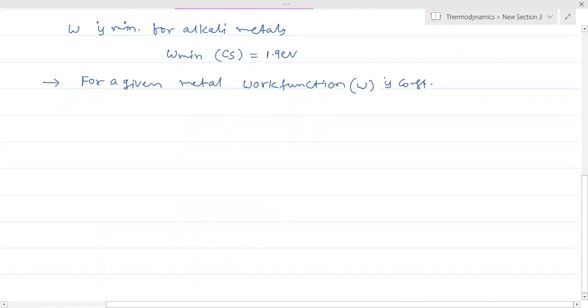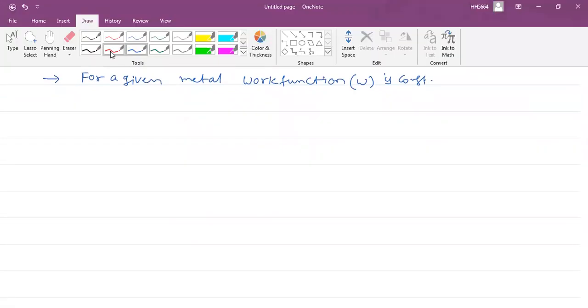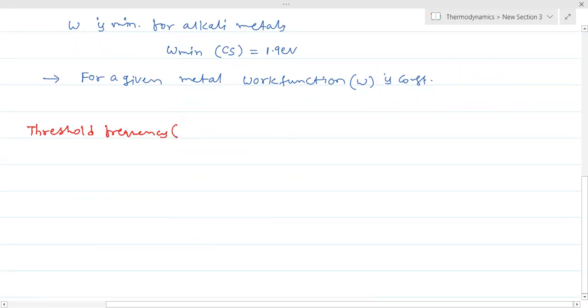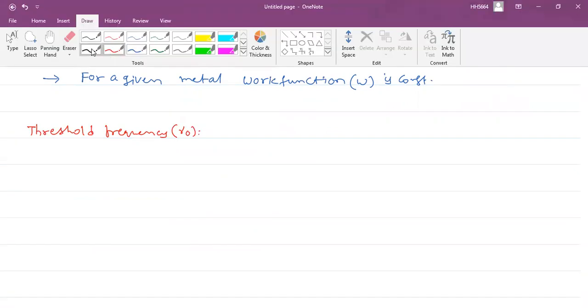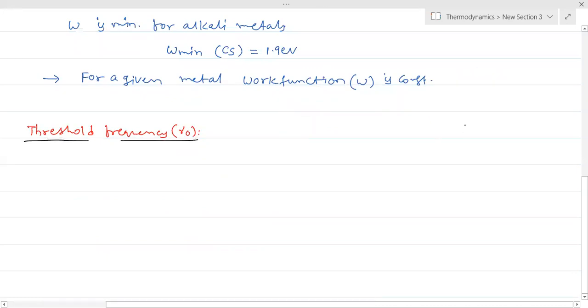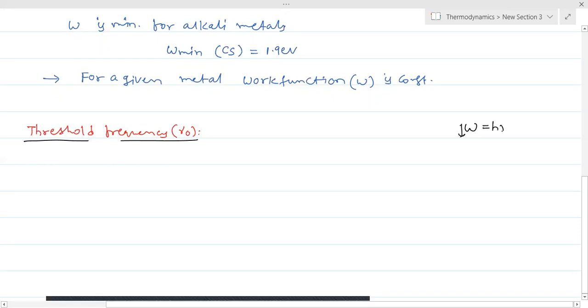After work function, we think of threshold frequency, nu naught. According to the formula, W is the minimum energy, so automatically nu naught also has to be minimum.